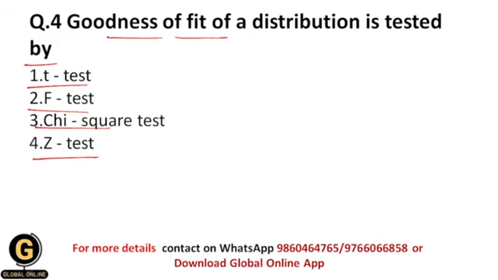Goodness of fit is basically a statistical technique, and here we see how well sample data fit a distribution from a population with normal distribution. There are lots of methods to determine the goodness of fit test. One of them is the chi-square test.